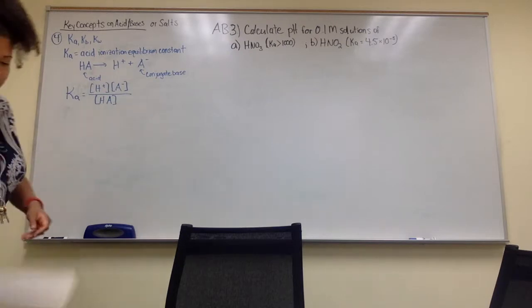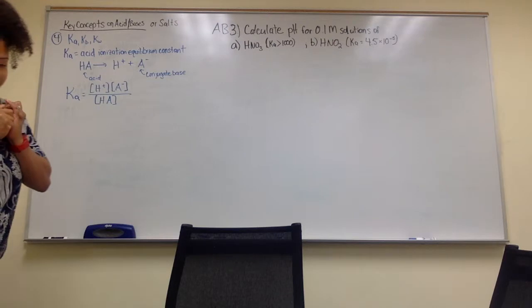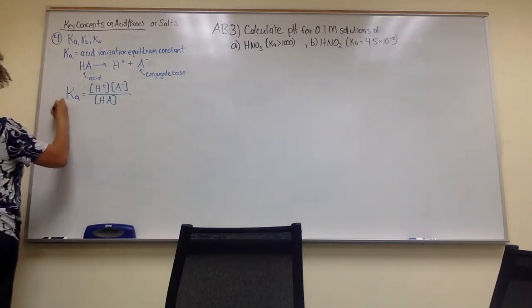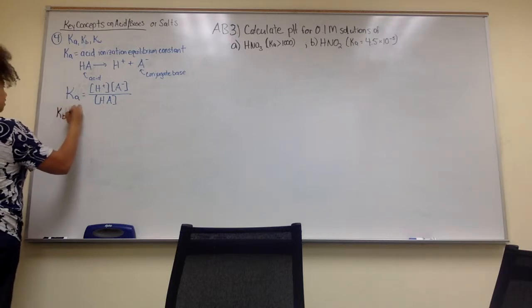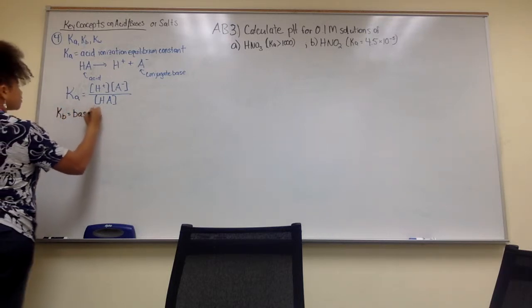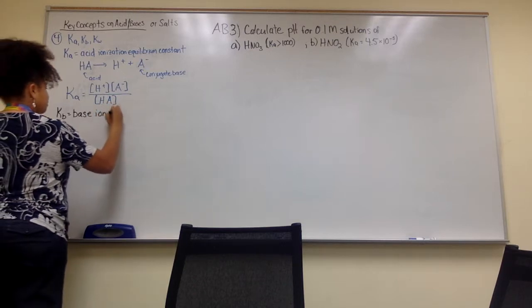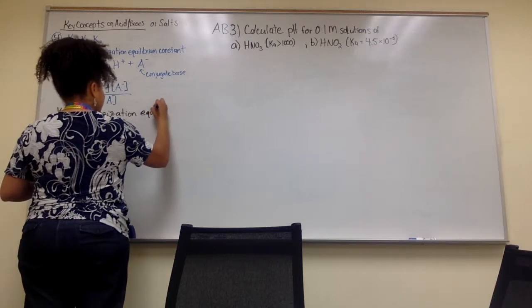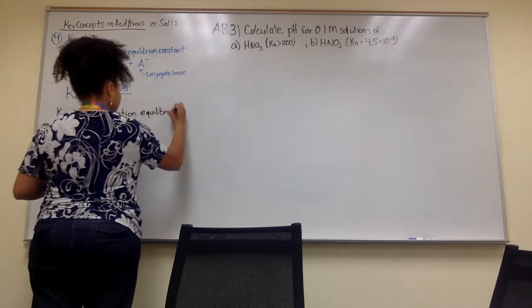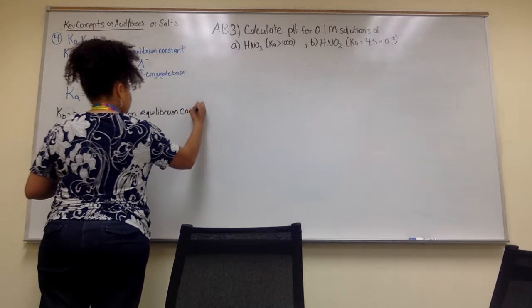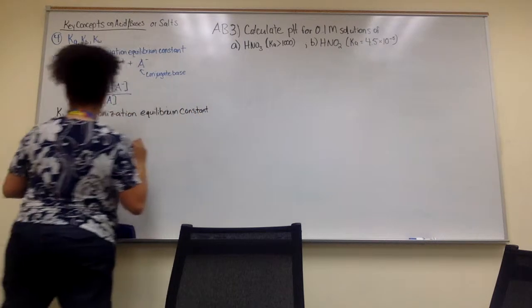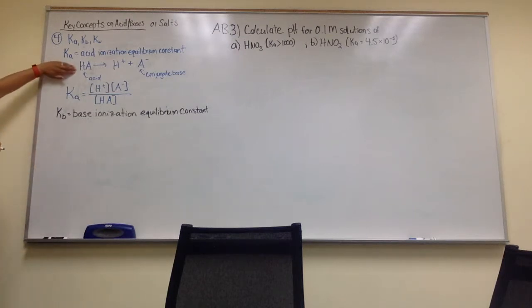Next, and I'm going to move to black maybe, because that might be easier to see. You can imagine Kb is calculated similarly. So Kb is equal to the base ionization equilibrium constant. We have an equation for acids.